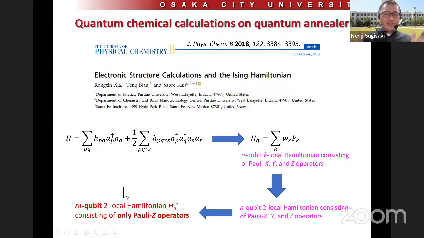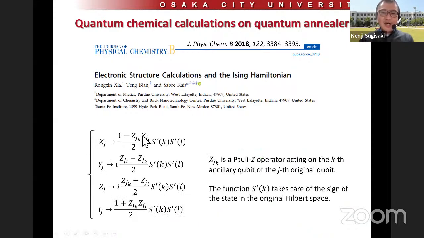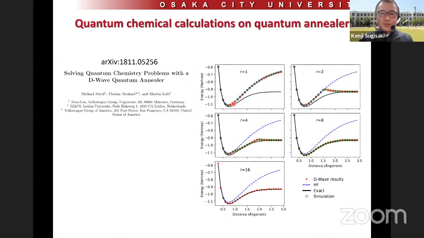If R is very small, such as R equals 1, in this case, we obtain the Hartree-Fock state. So if R equals 1, we cannot take into account the electron correlation effect.